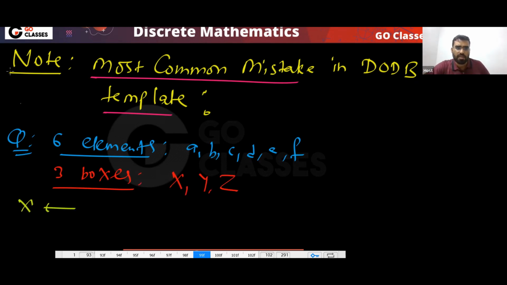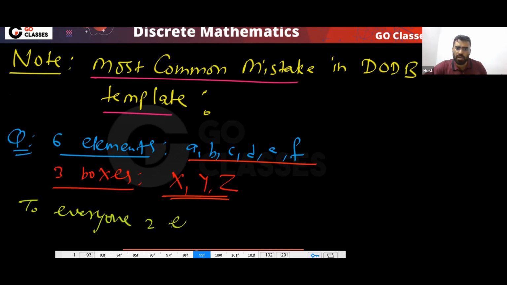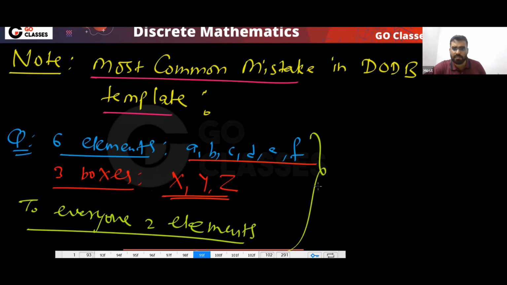There are a total of 6, and I want to give everyone 2 elements each. Then what will be the answer?